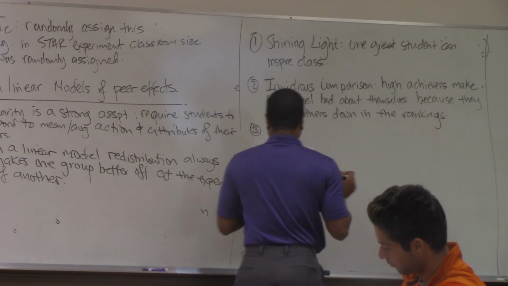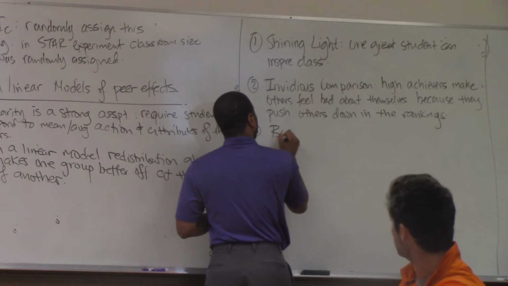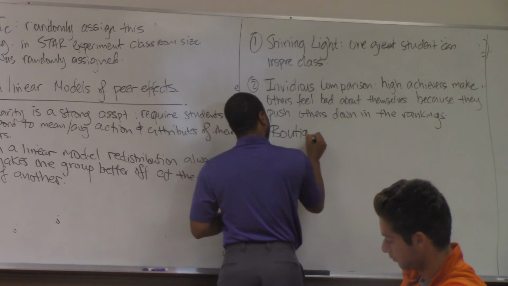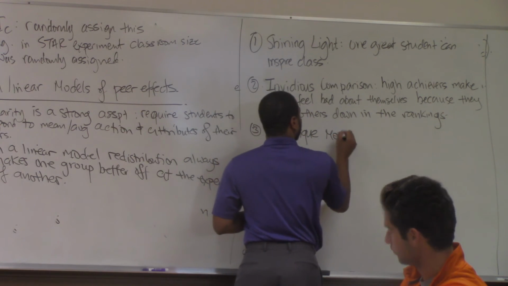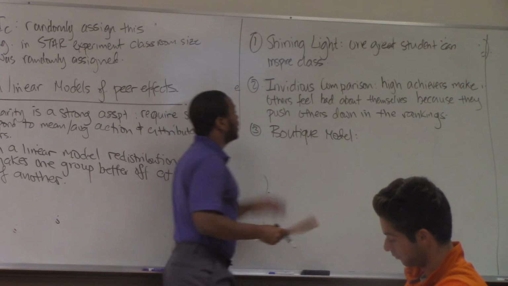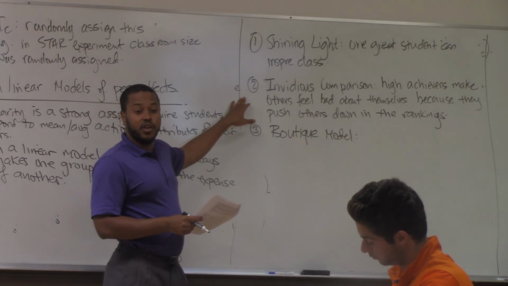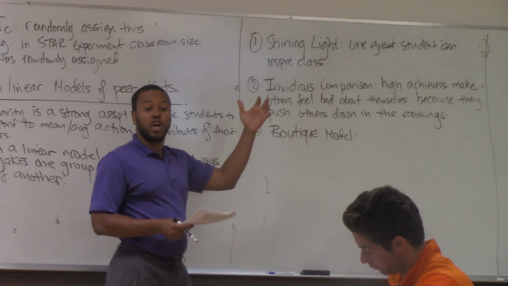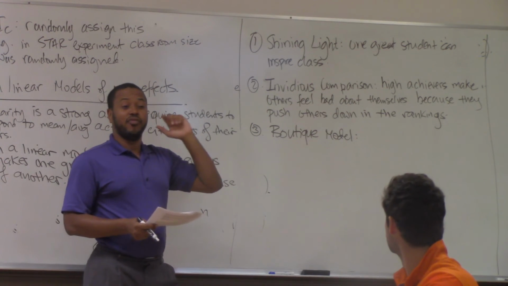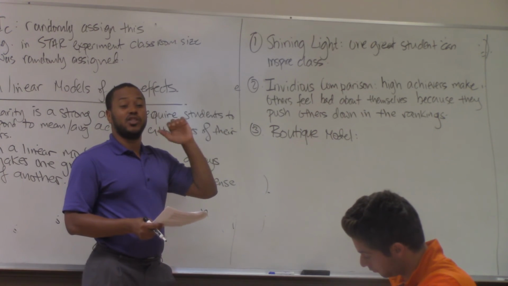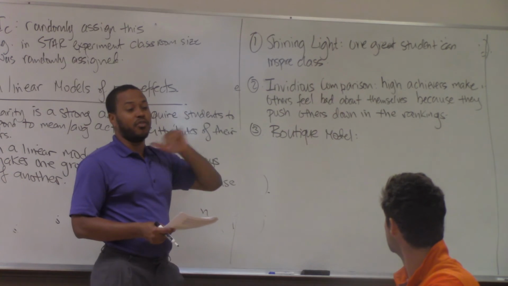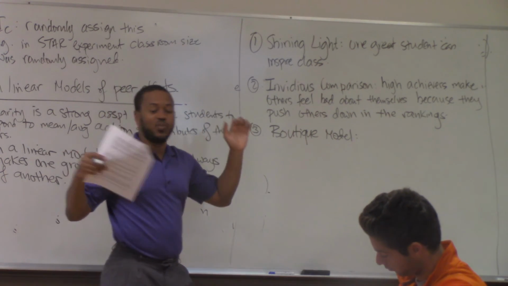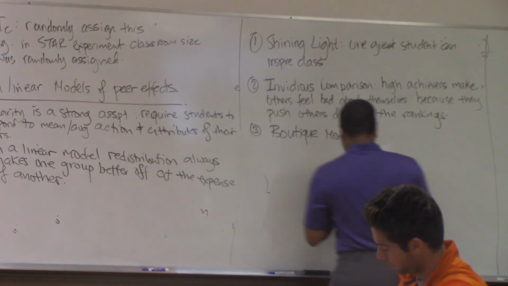Green is going to be the boutique model. This invidious comparison, for example, would be if you're in a class where there's a curve. Everybody hates the kids that are breaking the curve, especially the kids who are first by a standard deviation. It's the second ranked person that gets an E just because you're such a genius.